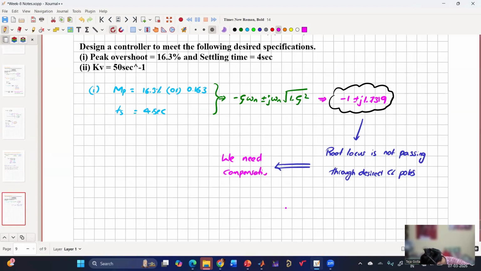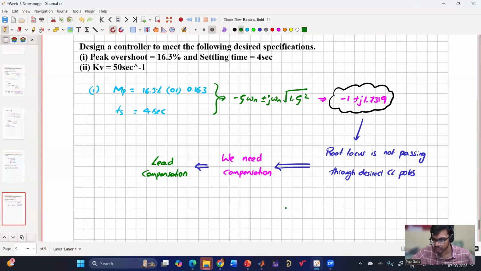Again, we'll check what compensation we are going to need, because this is about closed loop poles, which means transient response. We will be needing lead compensation. So we will see the step-by-step guidelines.